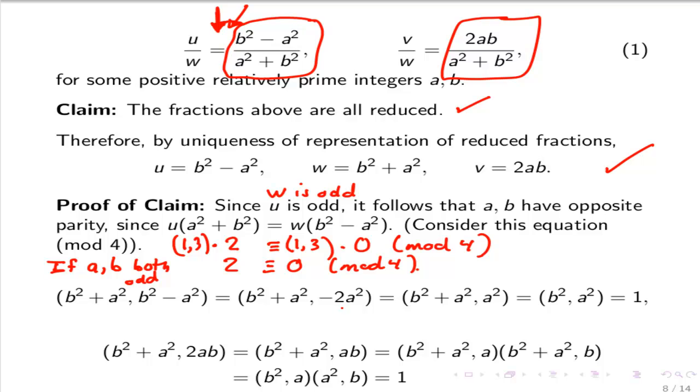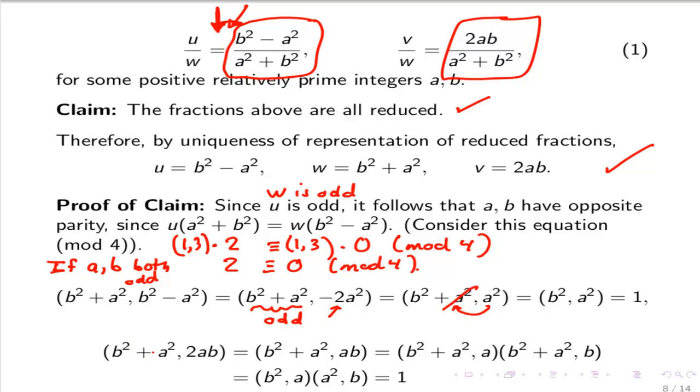Then I realized that this number here is odd, and therefore this 2 plays no role in the greatest common factor, and I can just delete it in this step. And then I subtract the a squared entry from this to cancel that. And then I realize that b and a are relatively prime, and I get 1.